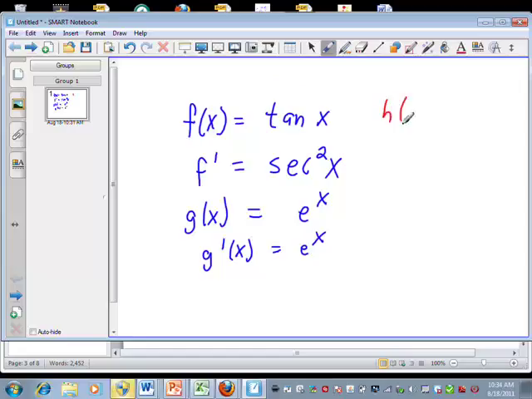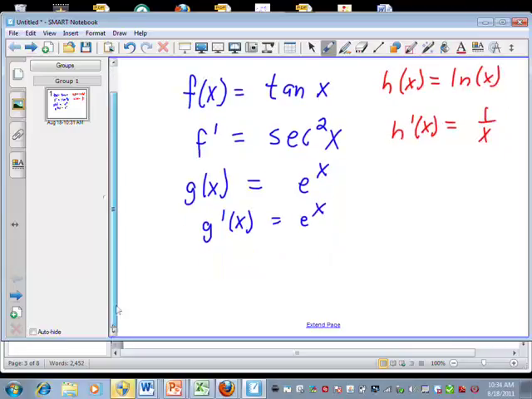Reviewing h of x, the natural log of x. 1 over x. 1 over x, very good. Step it up a level here. Secant of x squared. What is the derivative of that?